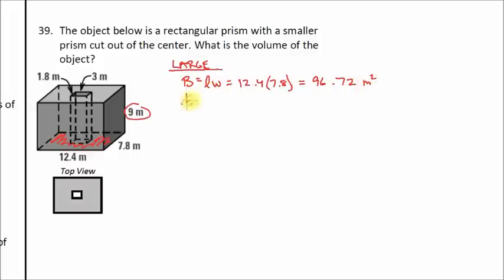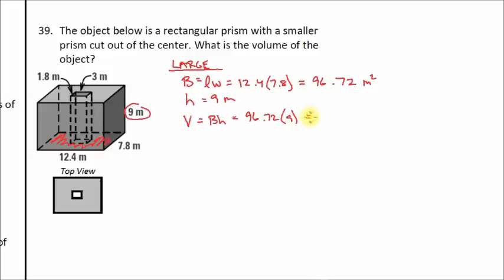The height of the larger prism is 9 meters, and the volume is base area times height, which is 96.72 times 9. And now I'm going to round this to 1 decimal place.